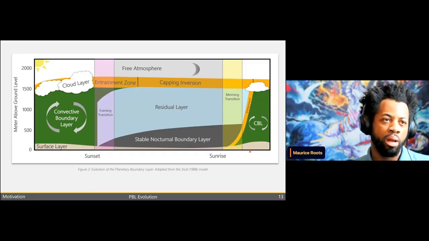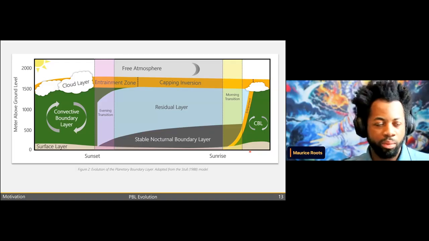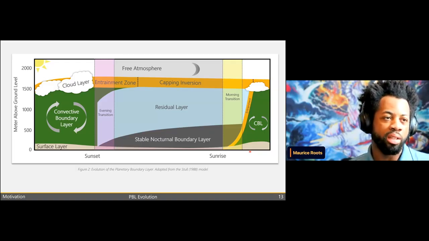This is another orientation slide, because I've said boundary layer several times, but this is the conceptual schematic of what the planetary boundary layer is.